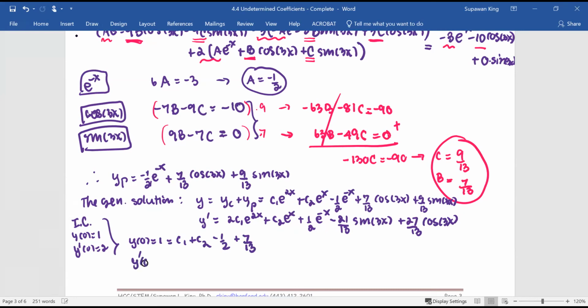And for y prime at 0 equals 2, the expression would be 2 times c1 plus c2 plus 1 over 2 plus 27 over 13. And then we are going to find c1 and c2.